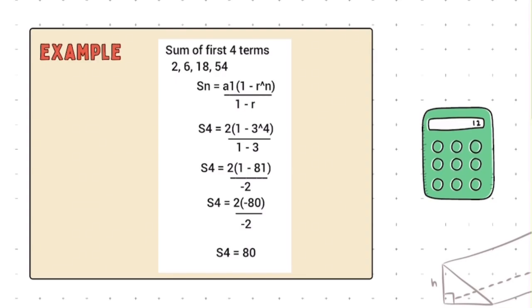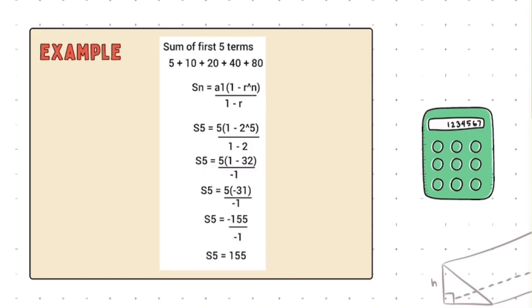Multiply 2 times negative 80 equals negative 160. Divide negative 160 by negative 2 equals 80. So, the sum is 80.